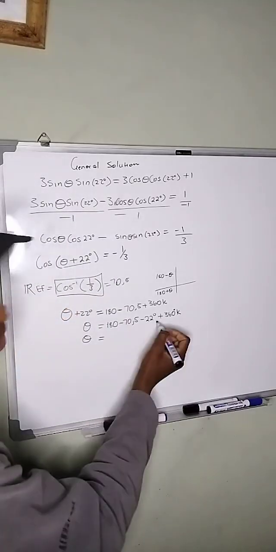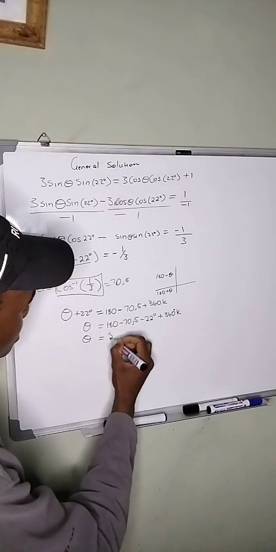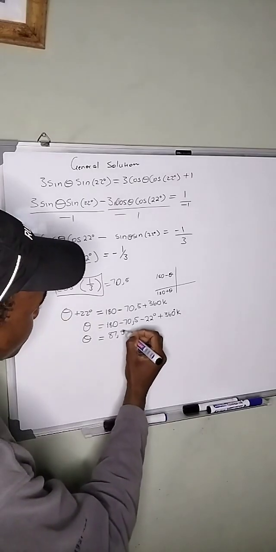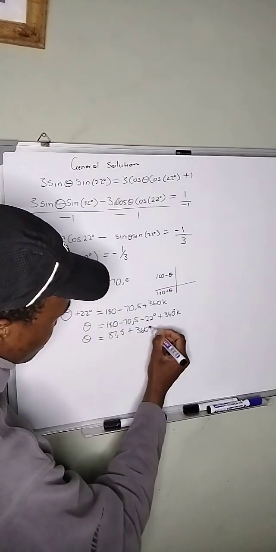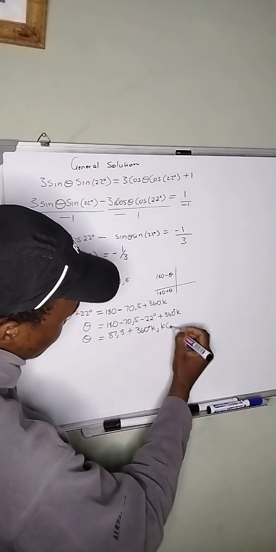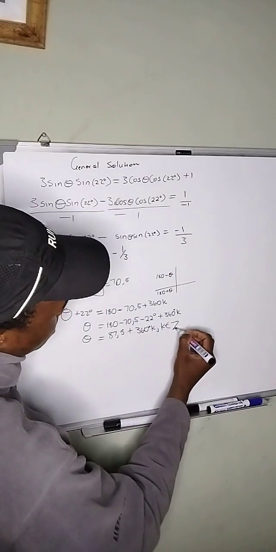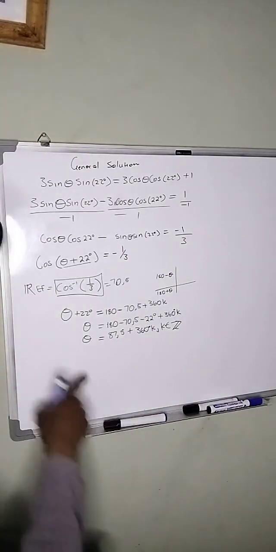So this is going to be 87,5 plus 360 K, K is an element of integers.